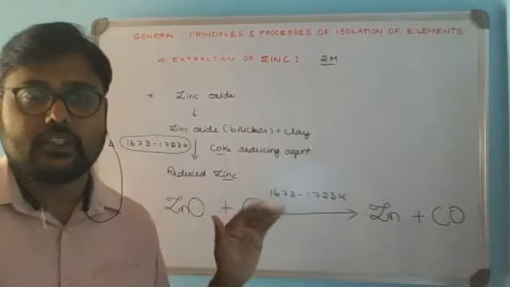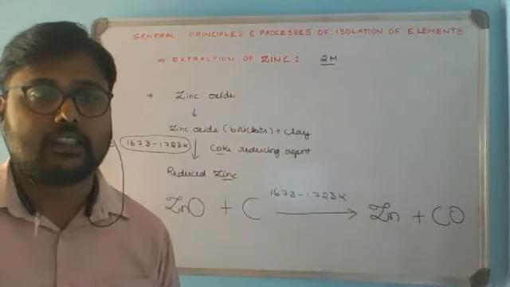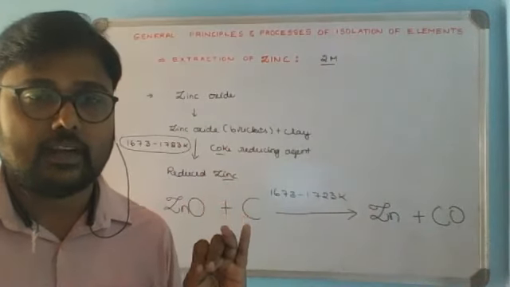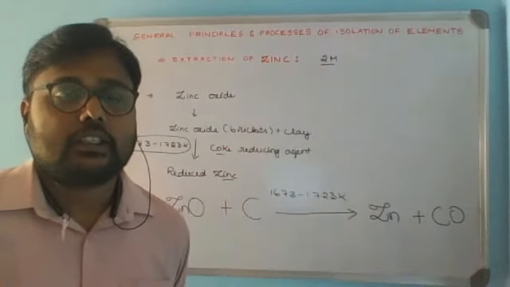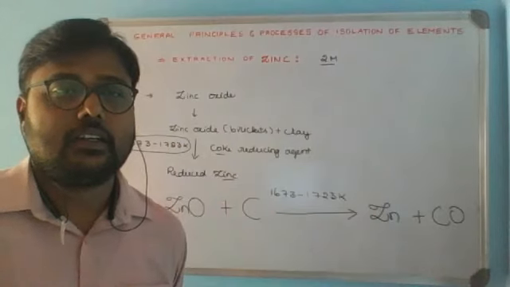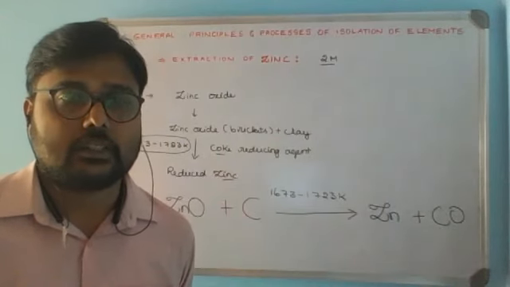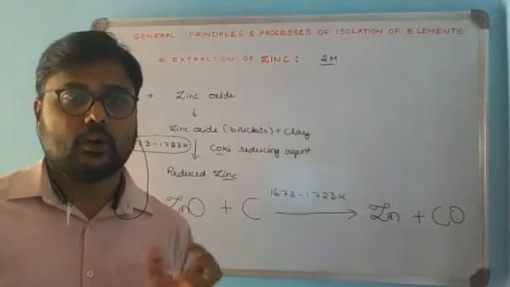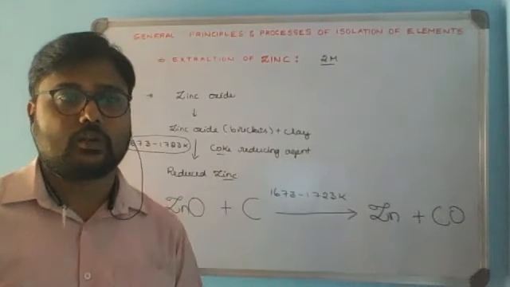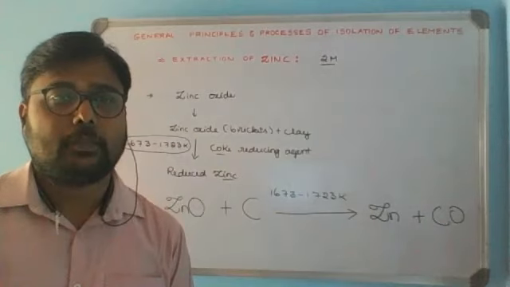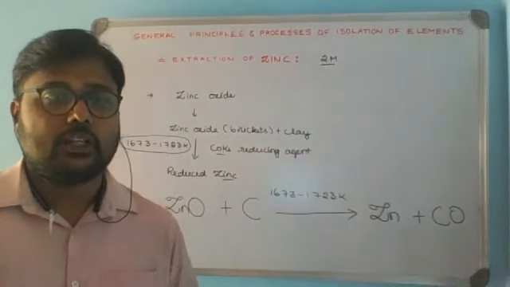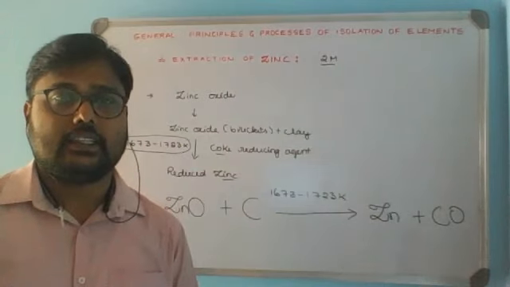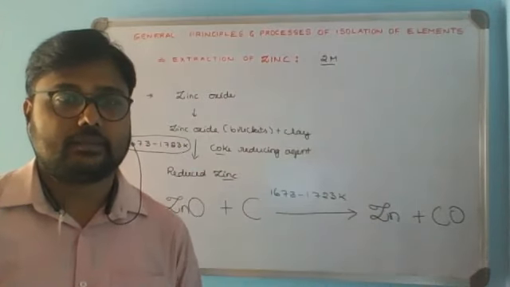The principles we discussed till now, the extraction of iron, copper and zinc, are based on thermodynamic principles with the pyrometallurgical concept. Pyro refers to heating. So the metallurgical principles involving heating, that is calcination or roasting methods, are referred to as pyrometallurgy. Now we'll move on to the electrochemical principles involved in the extraction of metals.